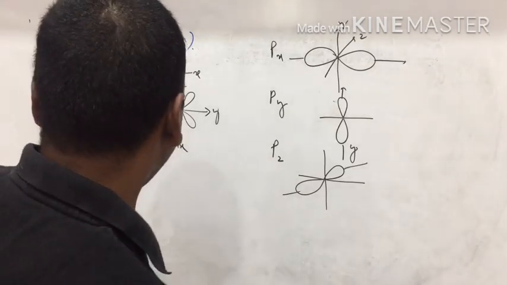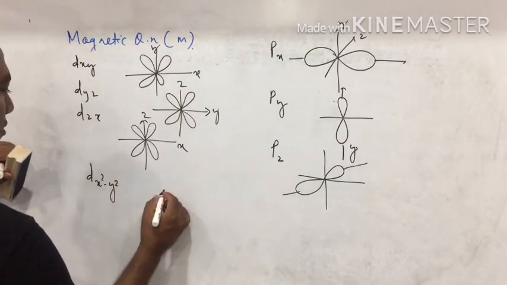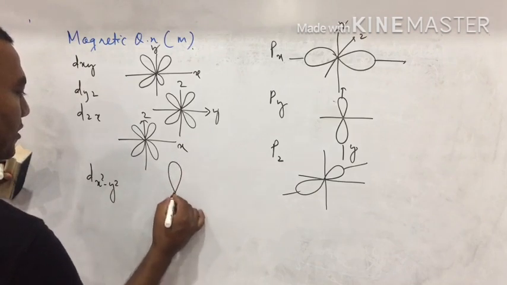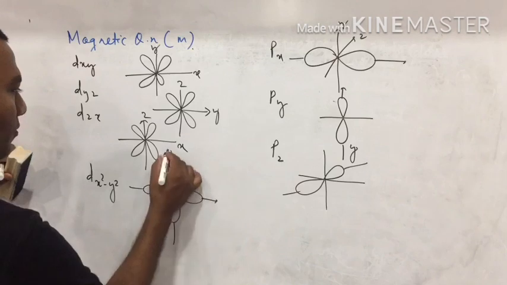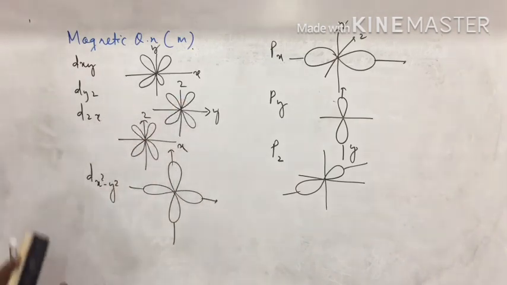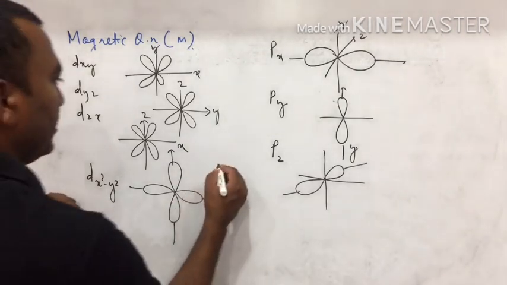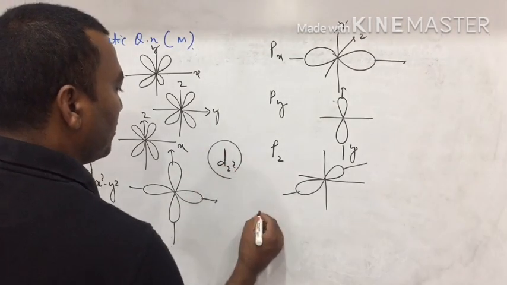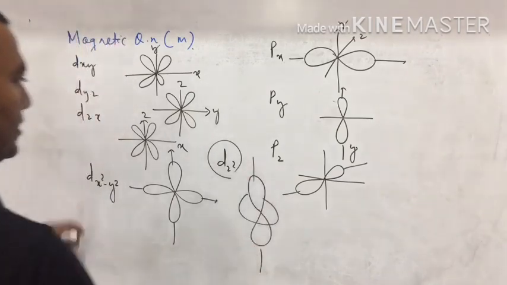But dx square minus y square, its picture is like this. Here the lobes are present on the axis, whereas in the others the lobes are present between the axes. Similarly, the dz square picture is like this. This is dz square.